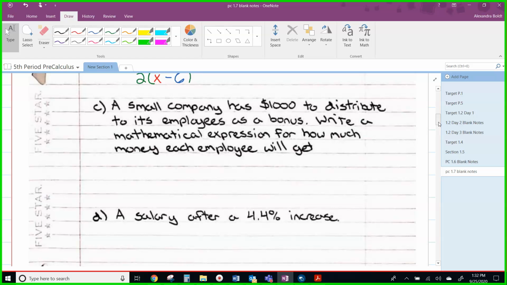Well, if I have $1,000 and I'm distributing money to each employee, how much they get is going to depend on how many employees I have. So my variable is going to be my number of employees, because how much they each get will change if I have more or fewer employees.